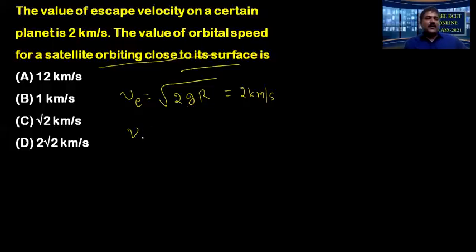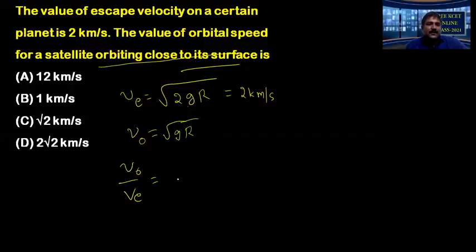Now the orbital velocity on that planet for the satellite is root of gR, when the height is negligible and the satellite is revolving very close to the surface of the planet. What we need is the value of the orbital speed. Root of 2gR is 2 kilometers per second. Now we can divide VO by VE, orbital speed by escape speed.